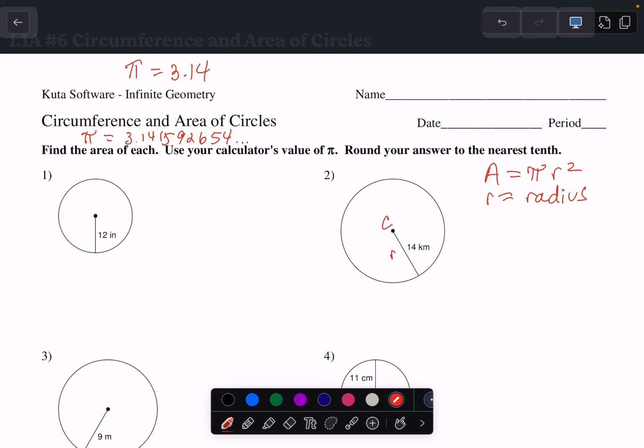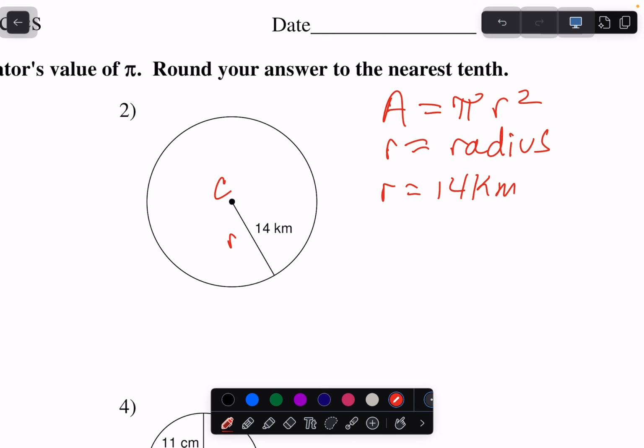So I guess we're just going to do the evens here together. In this particular circle, we know that the radius has been listed as 14 kilometers. So how do we find that area? Let me scroll in there so you can write it down with me. The area is pi times 14 squared.